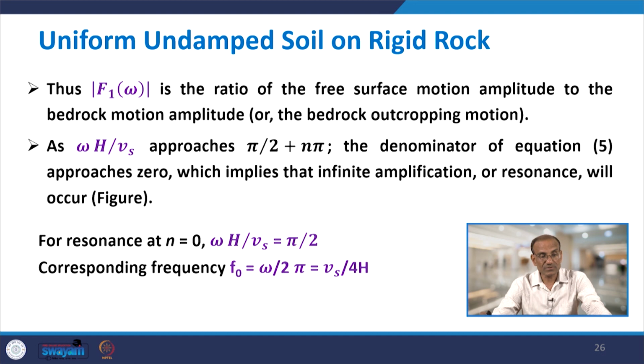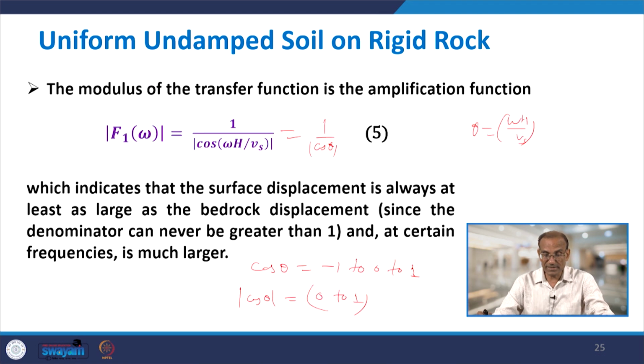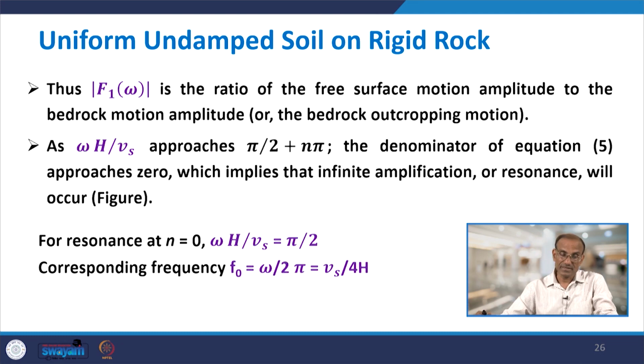As omega h over Vs approaches pi by 2 plus n pi, that is, the value of theta tends towards pi by 2 plus n pi, then the denominator in equation 5 will tend to 0. As a result, when the denominator becomes 0, you will get infinite amplification or resonance, which can be shown in this figure.